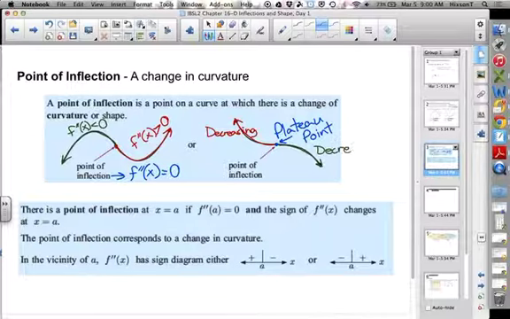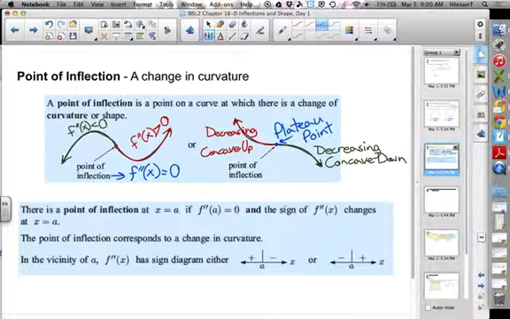Alright? That was our first derivative. Over on this side, however, we are concave up. Over on this side, we're concave down.